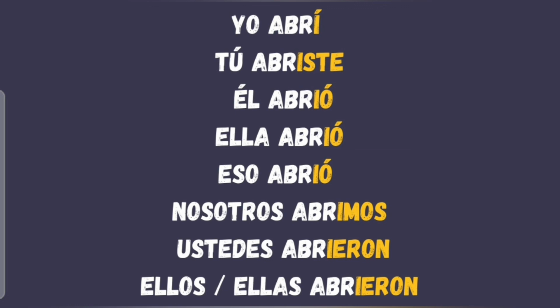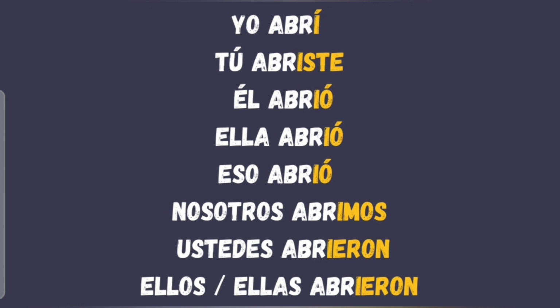Okay, as you can see, the root word, the base word, is not changing because it's a regular verb. It's abr. Then the ending, you have to change it according to the personal pronoun you have and the rules that apply to regular verbs ending with ir.